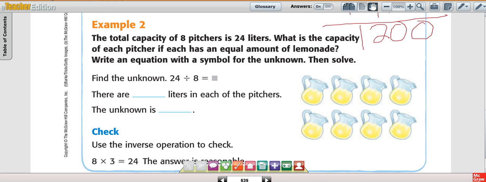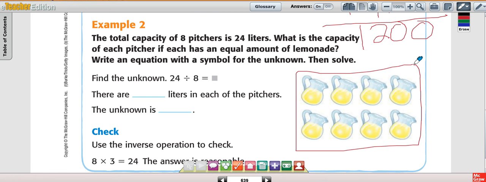So example number 2 says now the total capacity of 8 pitchers is 24 liters. So the total of all these is 24 liters. What is the capacity of each pitcher if each has an equal amount of lemonade?